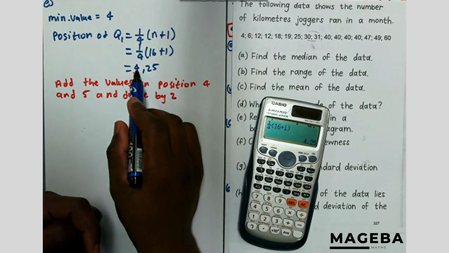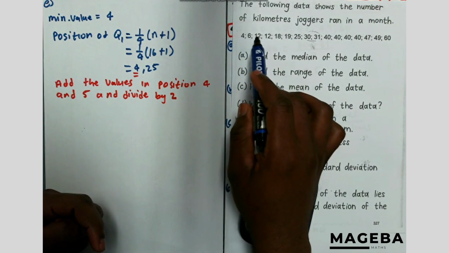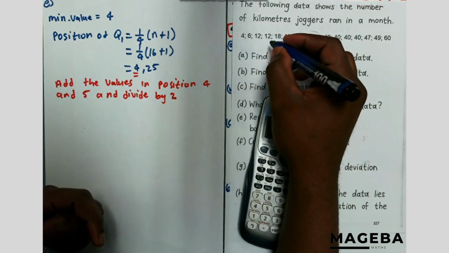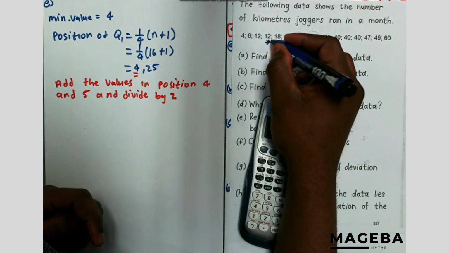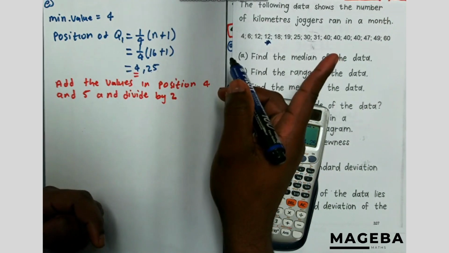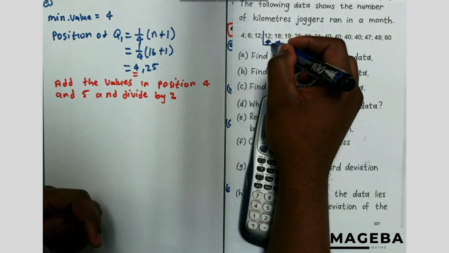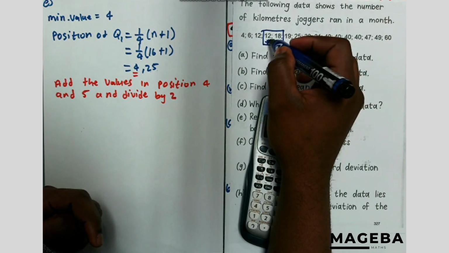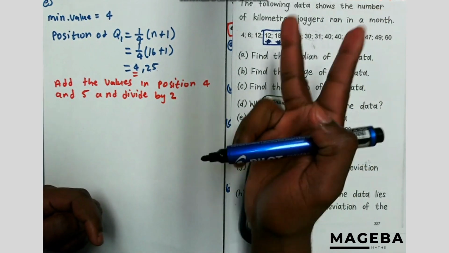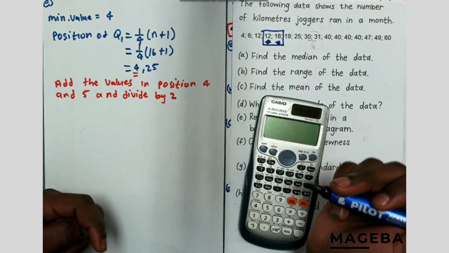So we found 4.25. Let's go to position number 4. 1, 2, 3, 4. This is the number in position number 4, which is 12. Now we take the following number, which is 18, in position number 5. Those 2 numbers, we add them, and after that we divide by 2 in order to find Q1.